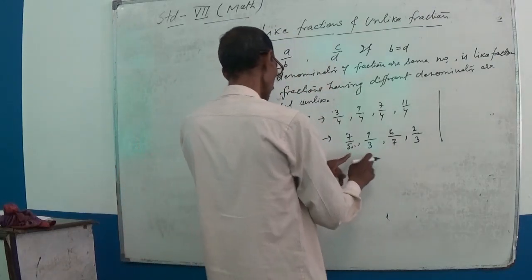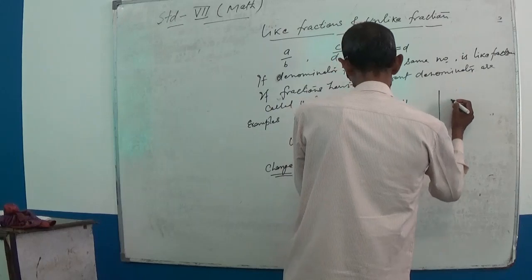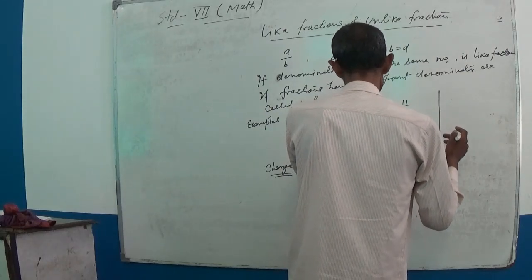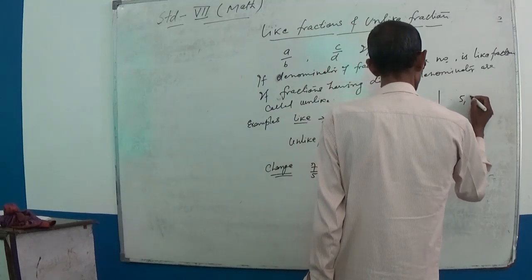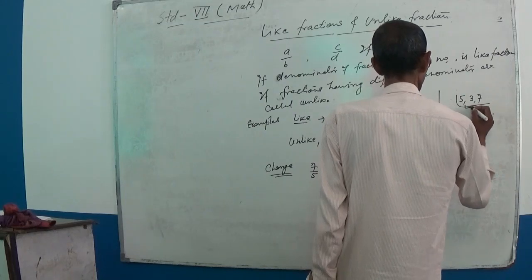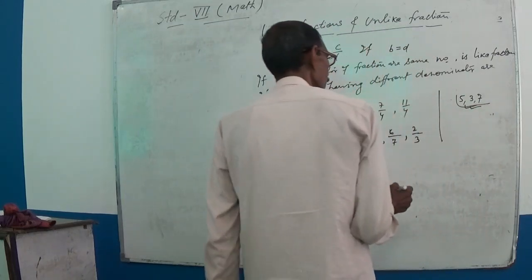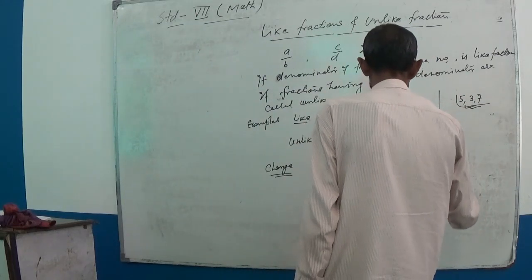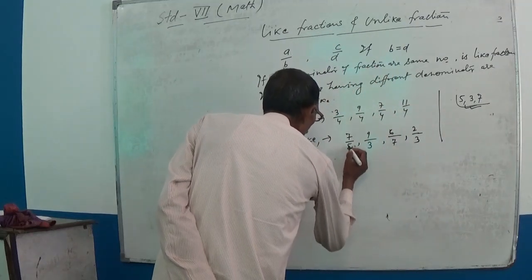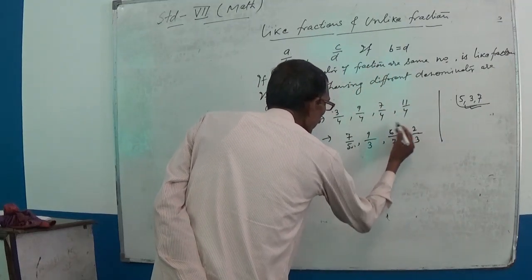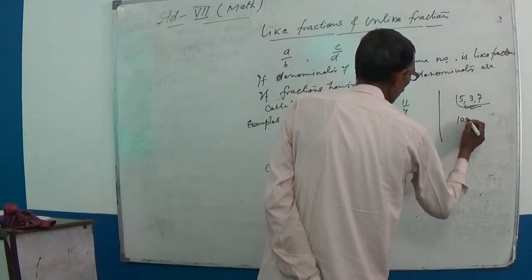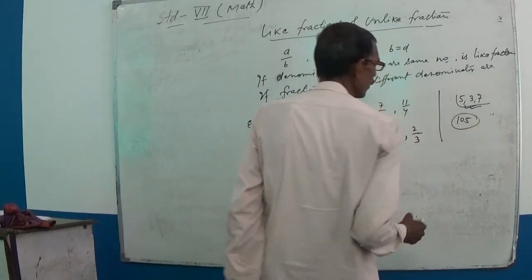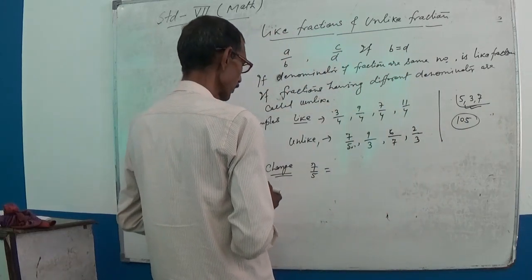LCM of 5, 3 and 7 is 105. So you can change all the fractions taking denominator as 105.